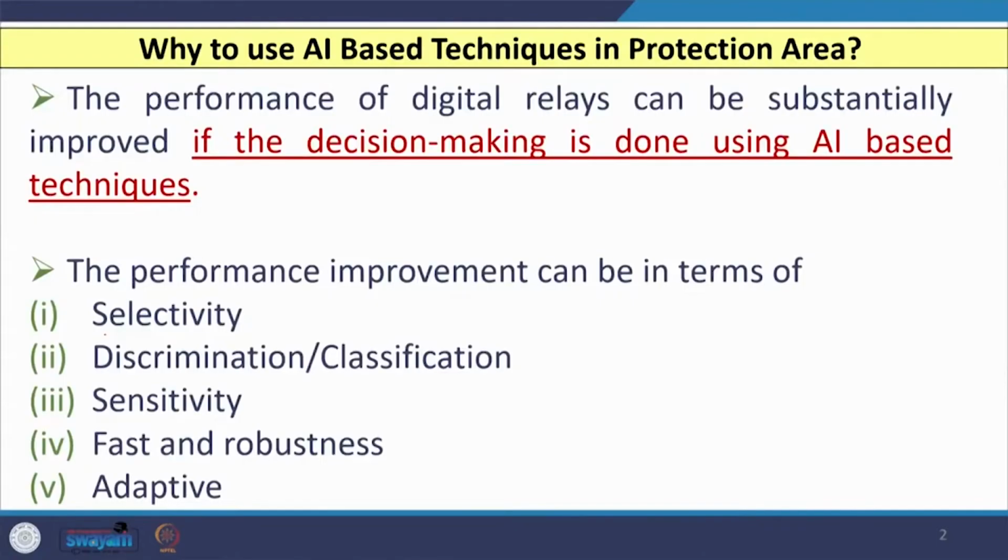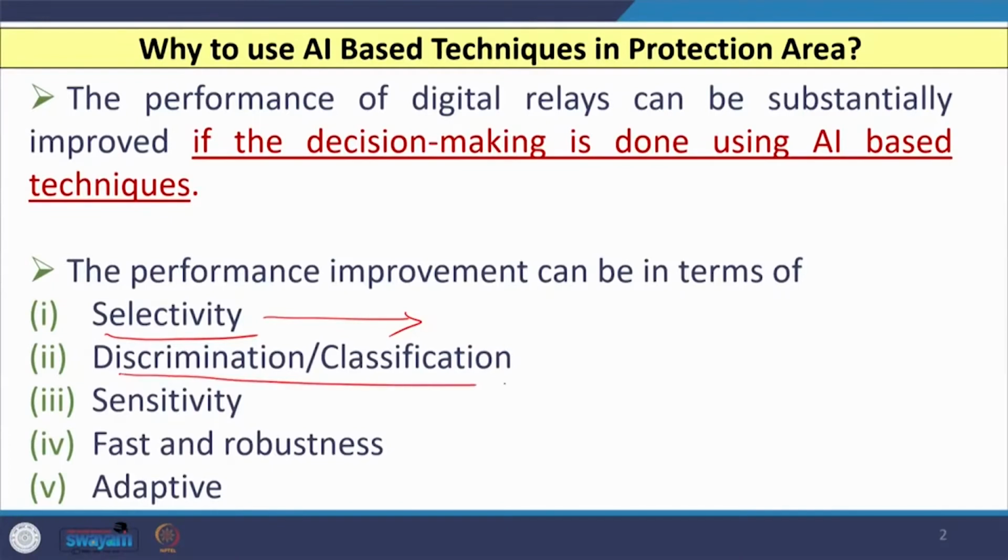The performance improvement can be in terms of selectivity. If you use the AI based technique, then performance in terms of selectivity can be improved, and we can say that only the faulty section can be disconnected without affecting any healthy section. The second advantage is discrimination or classification.